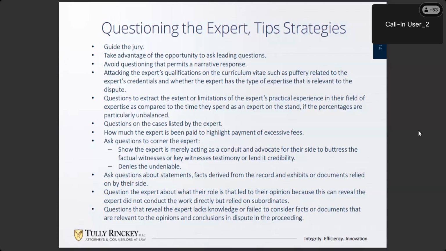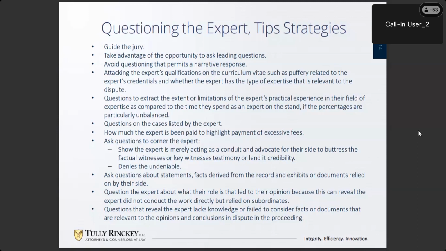Or the expert disagrees with the content of the documents and how it favorably supports the side they're testifying for. This can show that the expert is not in line with the party they're testifying for, not in line with their own position. And it can show that maybe the party withheld certain documents or information, never presented them to the expert, because they knew that if they did, it would not be as favorable.